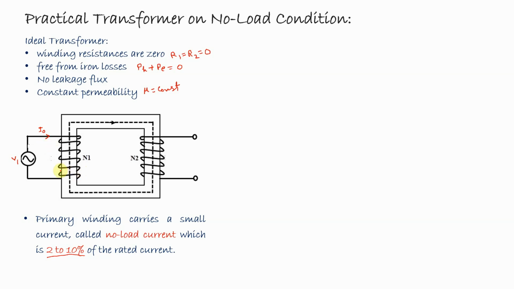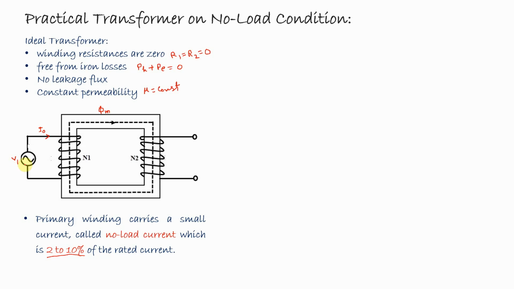As this current flows through the primary coil, a mutual flux will be developed, which we have already discussed in the case of the ideal transformer. The same concept applies here. A mutual flux will be produced and will flow through the high permeability core material of the transformer.